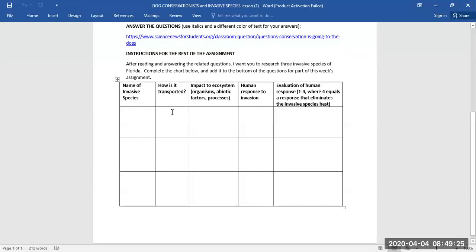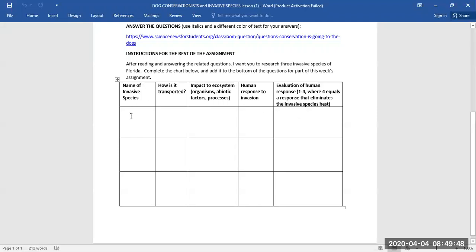I'm going to learn how it was originally transported to the United States. I'm going to learn its impact to ecosystem organisms and our human response to this invasion. And finally, I'm going to evaluate how I feel the human response has been to the iguana.